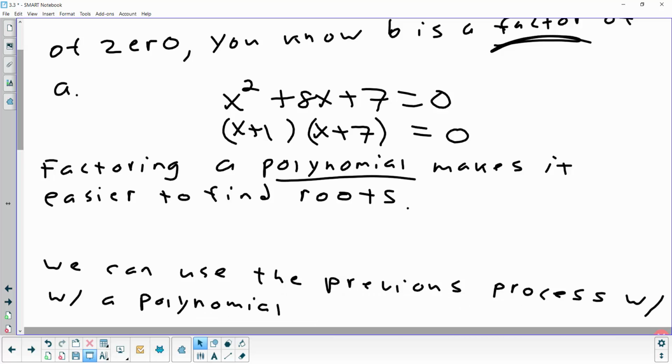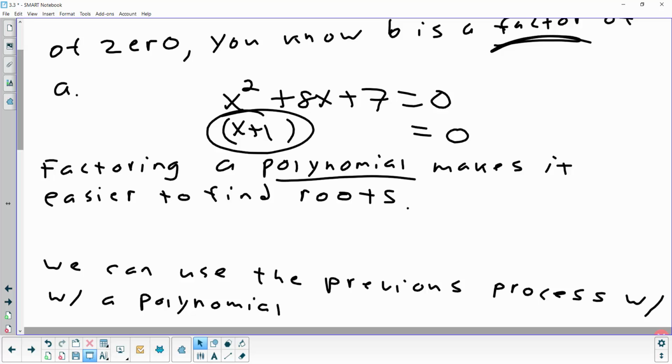Everything I just described about dividing a number by the factor you know, and the quotient being the other factor, we're going to apply that process now to a polynomial. Let's say you didn't know how to factor this. I said, I want you to factor x squared plus 8x plus 7, and I'll tell you that x plus 1 is one of the factors.